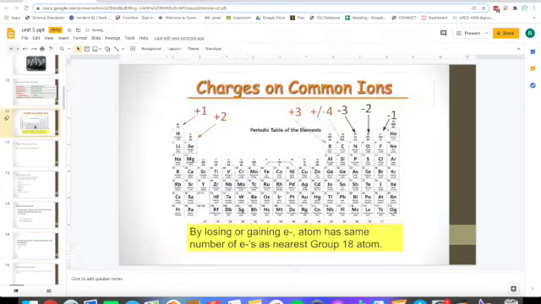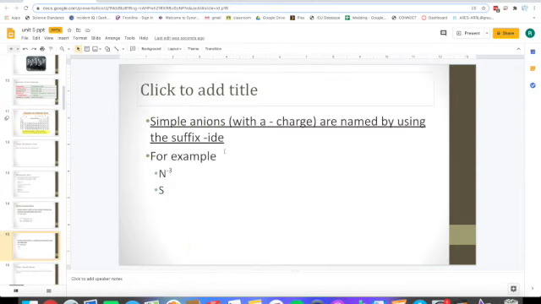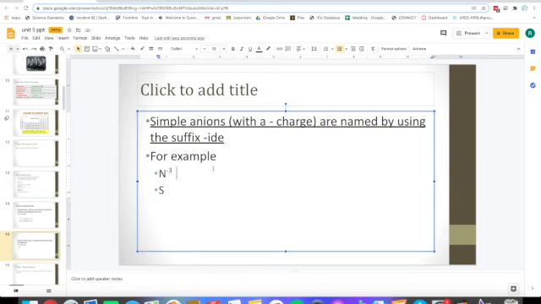So N is nitrogen. We need to make that with an "ide," and once you do this several times, you'll get the flow of where you put "ide." If it's not exactly in the right spot, I will still give it to you as long as it has "ide" at the end. So nitrogen would actually be nitride. So you would end in -ide.